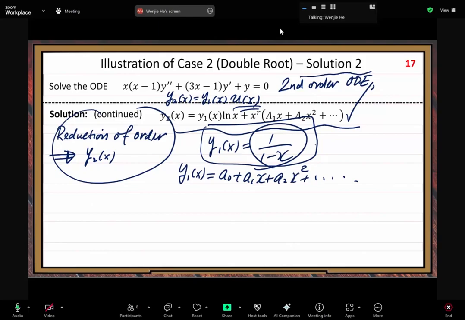In your homework, I tried to find the question where your y1 function happens to be a simple function, so you can use reduction of order to get around it. But in the final, I will choose one question where your y1 function is a power series, so you cannot get around it. You have to use this way. Okay?